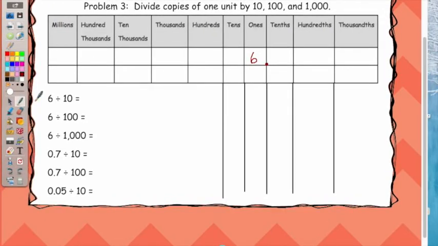Okay. So 6 ones divided by 10. Which way do I go? Left or right? Right. So divided by 10. What do I get for my answer? 6 tenths. 6 tenths.